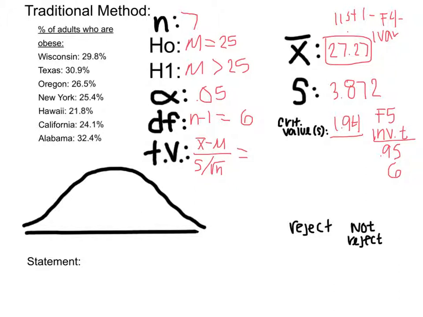So using the values we already found, x bar is 27.27, minus mu, which is 25, divided by standard deviation, which is 3.8772, divided by the square root of n, which is 7. So therefore t equals 0.222.